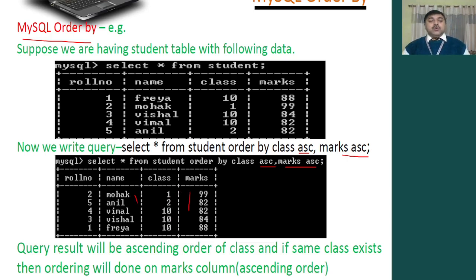So this is a query request where we are using ascending order for the class, and if the class exists, the ordering will be done on the mark column, that means in ascending order. When we give ASC, it will have this particular structure.